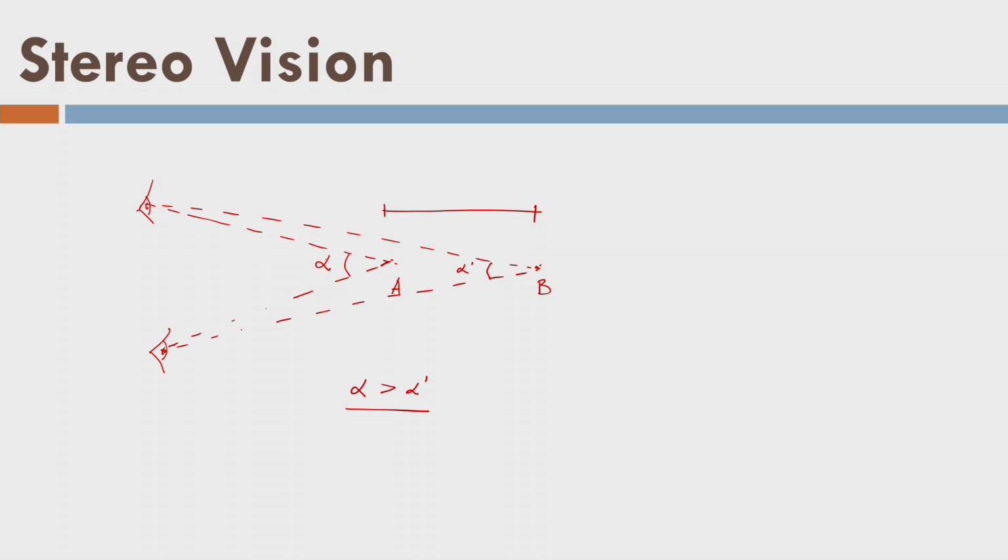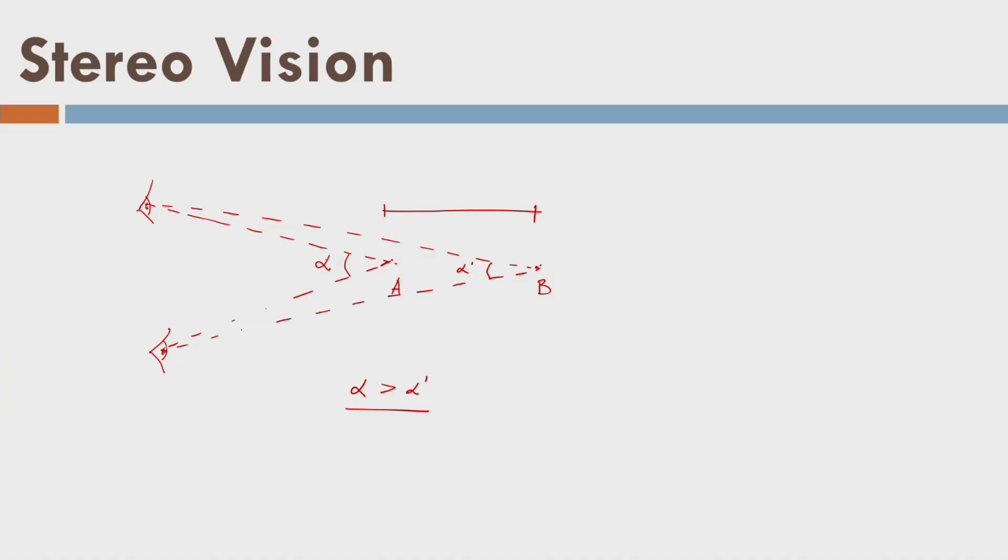That means I am having 2 eyes, they are intersecting at a point, let us say right now a camera, and there could be another point which is behind the camera. So this point A is my camera and B is the point which is behind the camera. So I can easily say that I am perceiving the depth, or I am measuring the depth, because of the stereo vision.